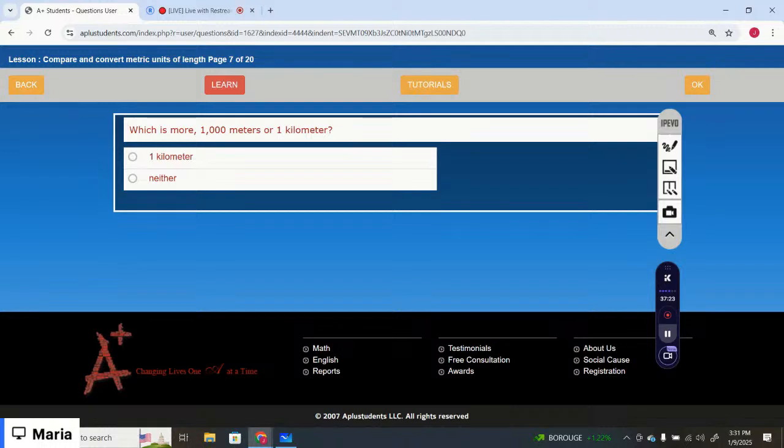Which is more, 1000 meters or 1 kilometer? They both are exactly equal because 1000 meters equal 1 kilometer, so neither is more, right?